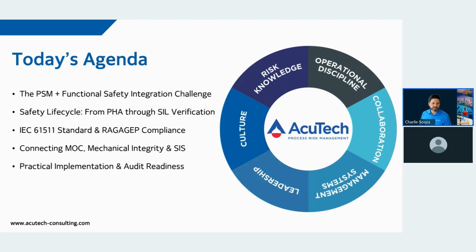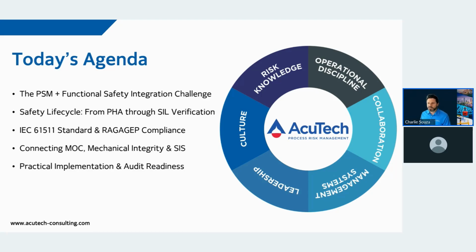You've got a PHA, a HAZOP, that identifies instrumented safeguard. That safeguard could be an interlock, and this interlock will be mentioned in a LOPA as reducing your risk. Usually that interlock is enough to reduce your risk to within tolerable level.